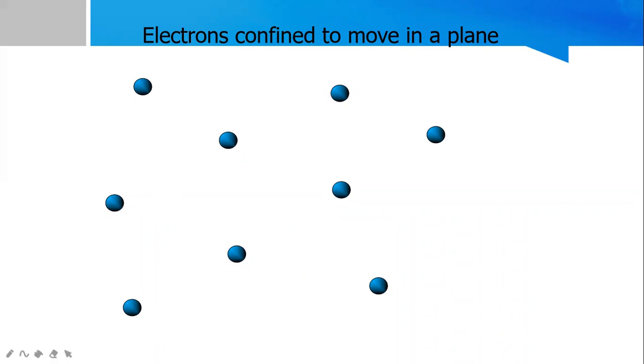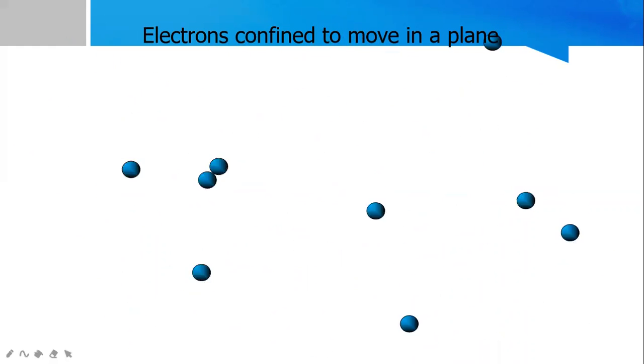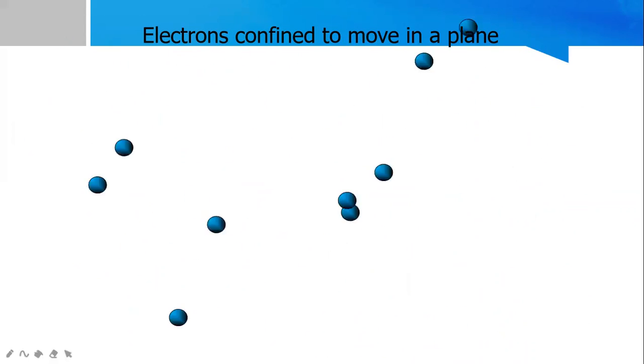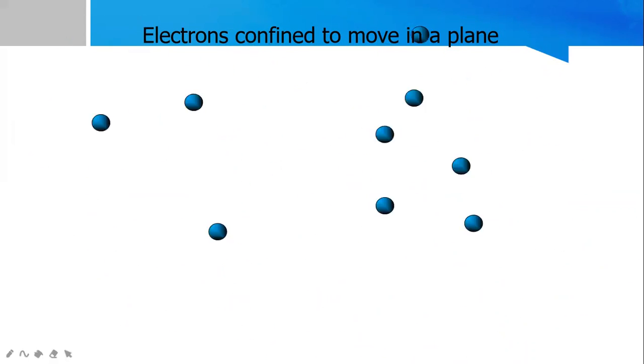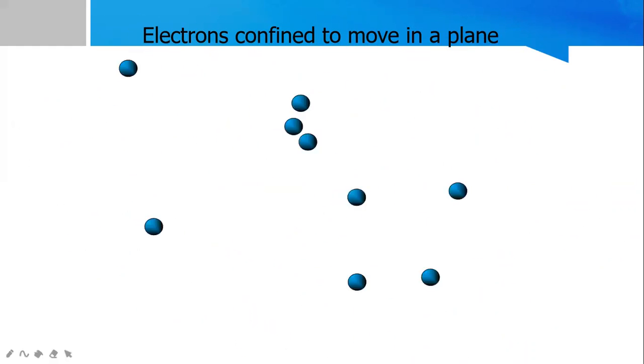Obviously, we know that charges like electrons and protons can't be stable, so they always possess some velocity. So due to that velocity, what will be their motion? Their motion will be random like this. We can see they are moving randomly, no restrictions, no direction.